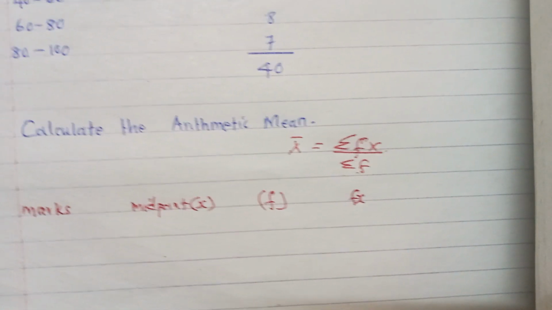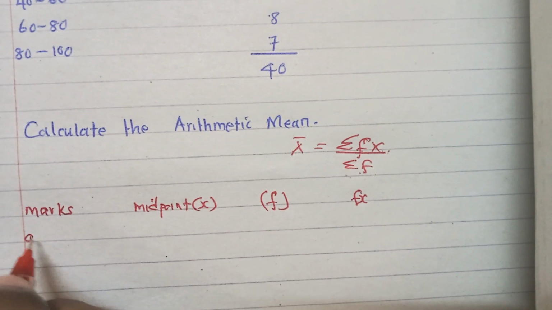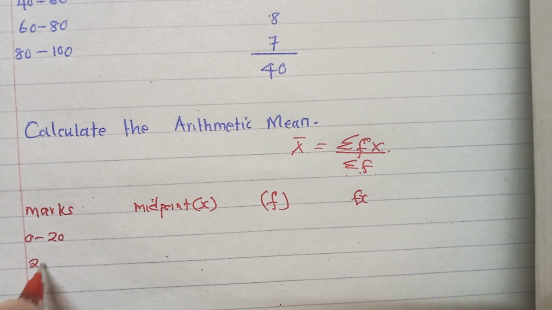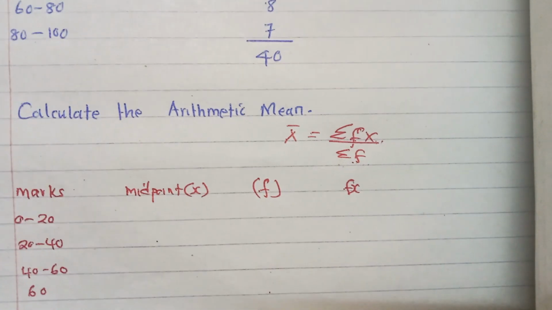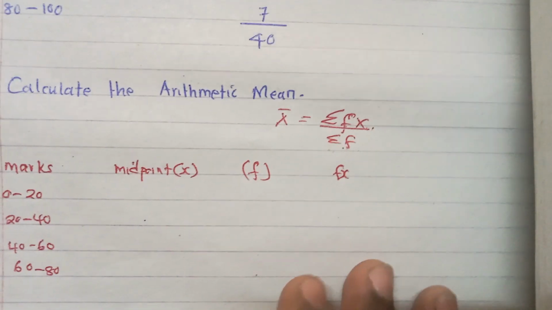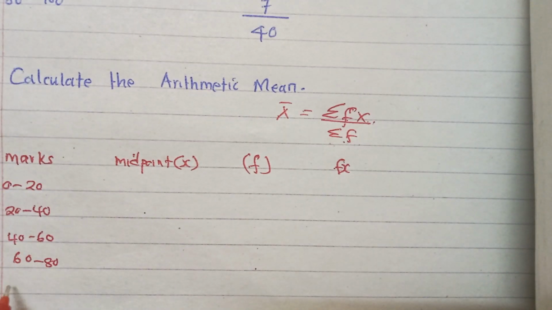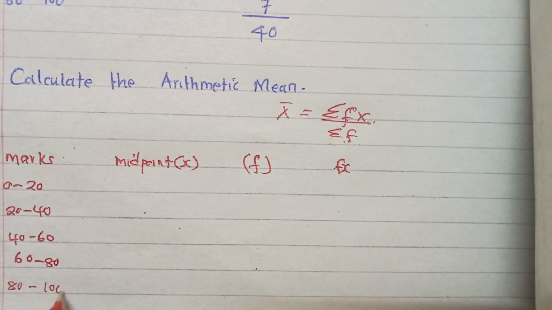So let us arrange this data. We have 0 to 20, 20 to 40, 40 to 60, 60 to 80, and the last one is 80 to 100.